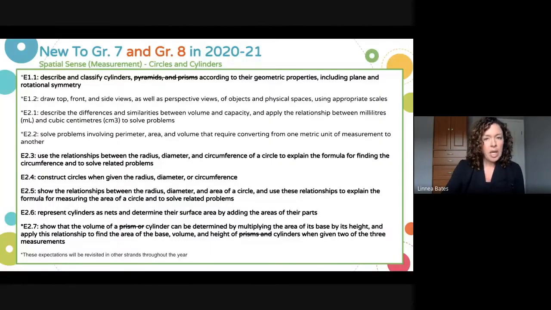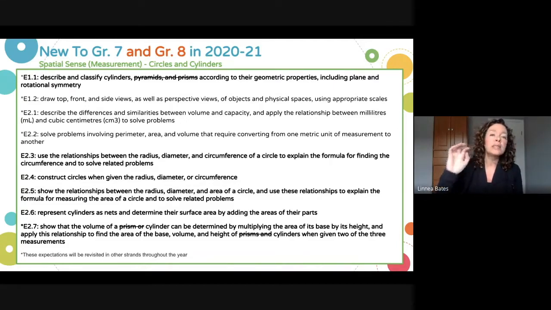Now I'm looking at just the green box of expectations, so the measurement expectations, and you'll notice that the title here says new to grade 7 and grade 8 in 2020 and 2021. Of course our grade 8s this year did not do circles and cylinders as a measurement topic last year.